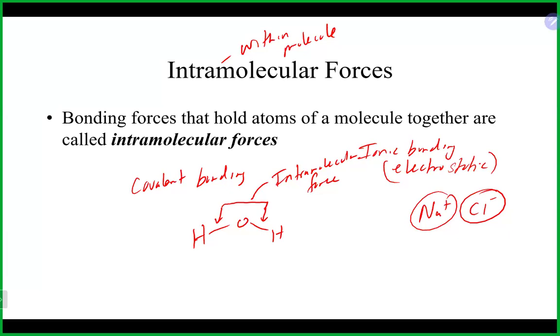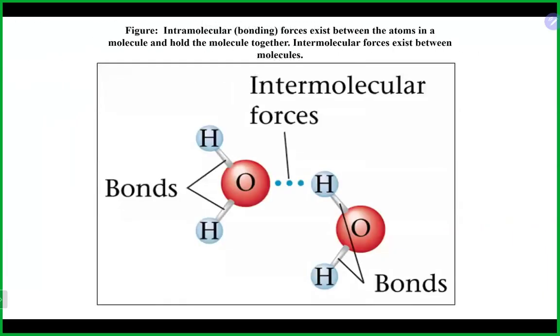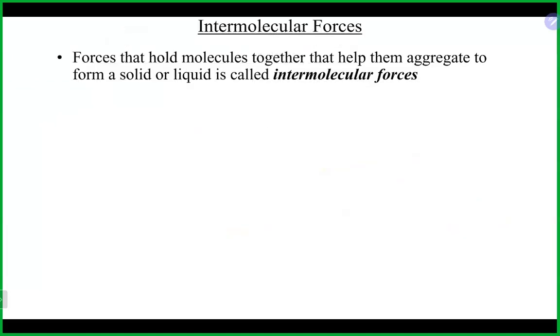It's really why things don't fall apart into alphabet soup and all the elements fall apart from each other, because that force is really strong. Now, also a relatively strong force is an intermolecular force, and an intermolecular force is the force that holds one molecule together with another. And although it is a relatively strong force, it is also much weaker than intramolecular force.